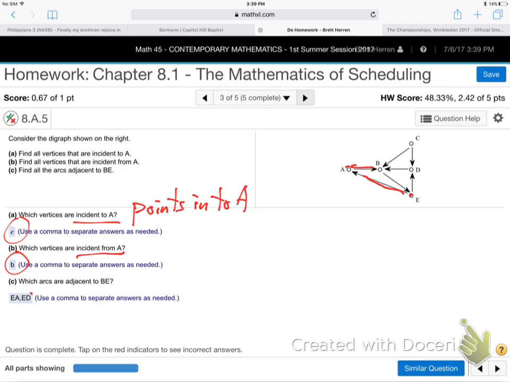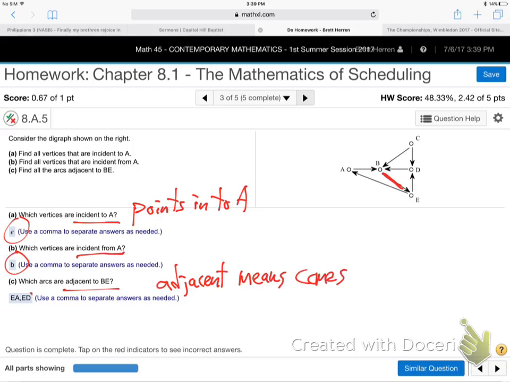And finally, which arcs are adjacent to BE? Adjacent means next to. Which ones are next to the BE one here? Here's the BE one. Which ones are next to it? EA, ED. Oh, I guess adjacent means comes after. Okay. Adjacent means, I don't even remember what it means.